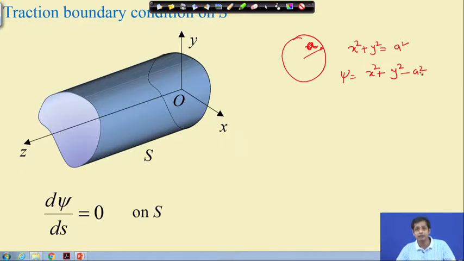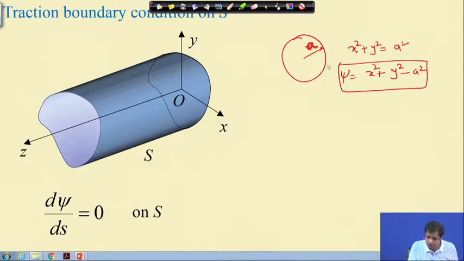We have to start with an assumption of psi, very similar to the Airy stress function. We assume some expression of phi which has certain constants, and those constants are determined through the governing equations and the boundary condition. Similarly, here also you have to assume some expression for psi. With this assumption, psi is 0 on this boundary, so psi vanishes on this boundary, which is consistent with this definition of psi.